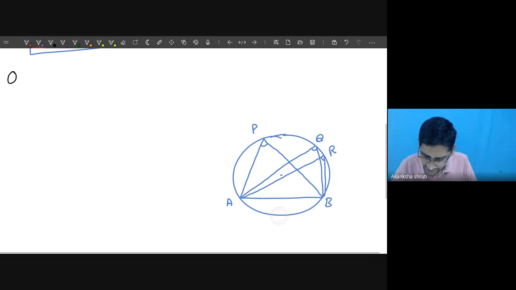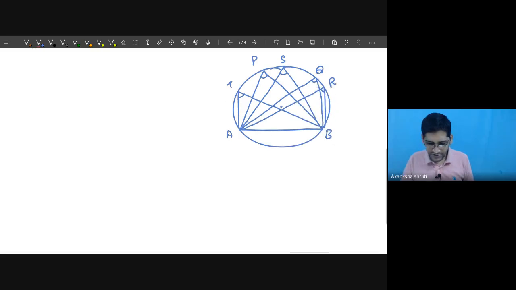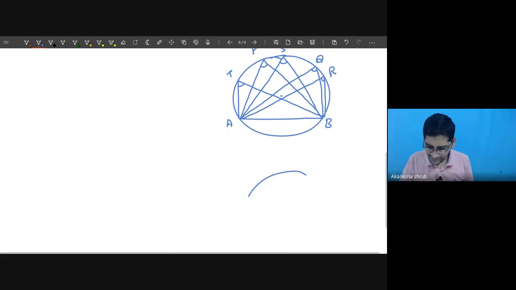One may take this way also, from anywhere. Then it is found that all these angles, P, Q, R, S or even point T, are equal, provided they are on the same side. But it is also possible to draw like this one.